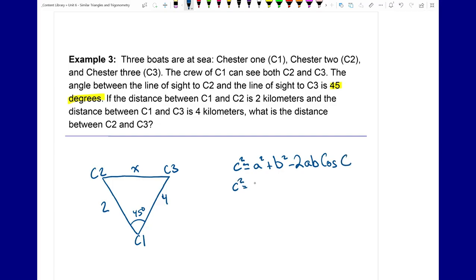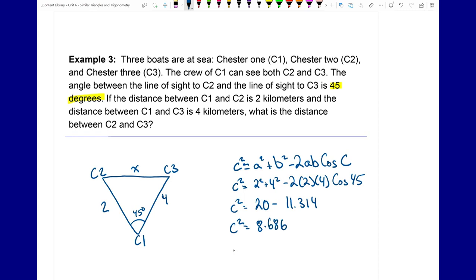C squared is going to equal 2 squared plus 4 squared minus 2 times 2 times 4 times cosine 45. I'm going to simplify both parts, although you can do this all in one step if you are comfortable with your calculator. So we have 20 minus 2 times 2 times 4 times cosine 45. And I get 11.314 rounded. We subtract that from 20 and get 8.686.